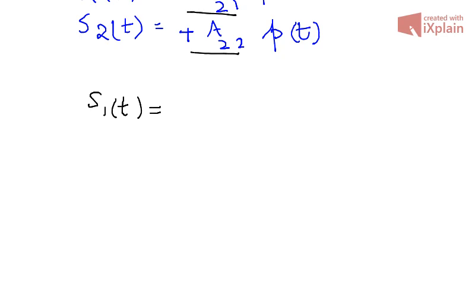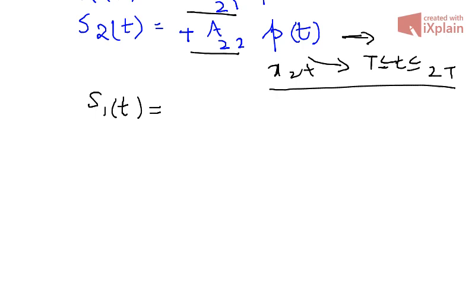This one is from t to 2t. I should write it specifically. T to 2t, right? The second symbol we transmit in the second time interval. So x2 of t we transmit in this interval.